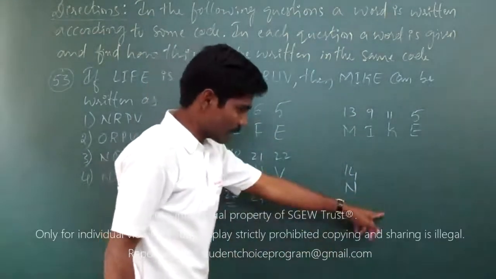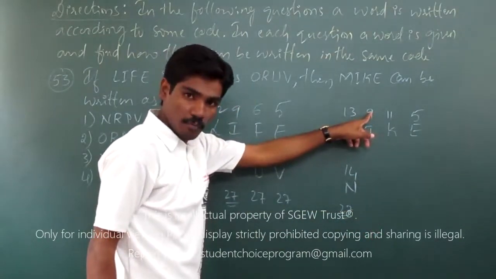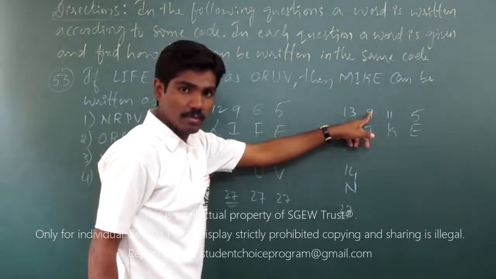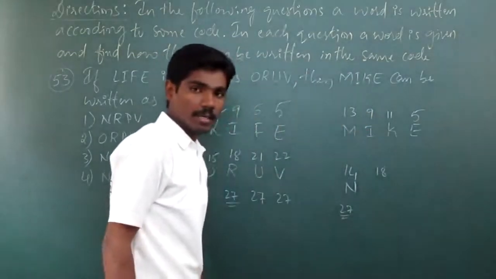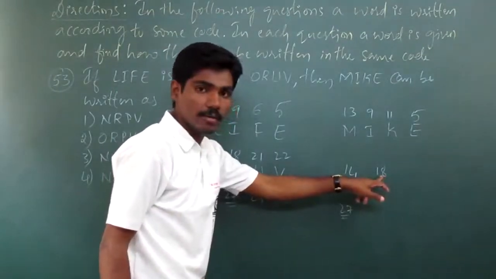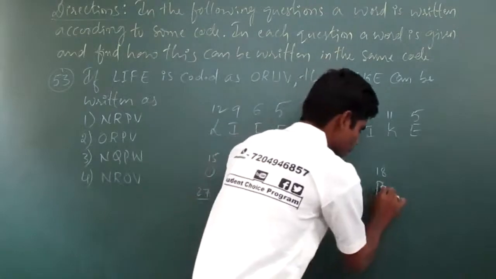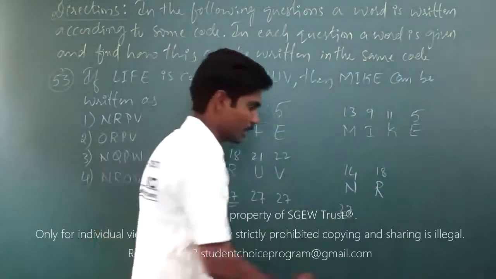Now to get 27, what number should I add to 9? Of course it is 18. Now what is the letter which has position 18? Of course it is R. Once again, 9 plus 18 is 27.